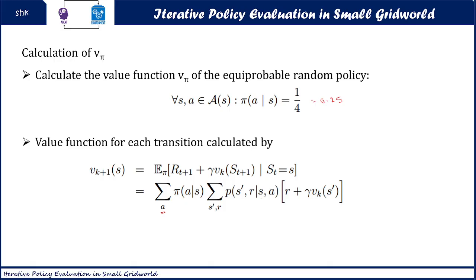So in all these cases, for the action we consider the probability is 1 by 4, whereas for the transition from S to S dash we consider the probability equal to 1.